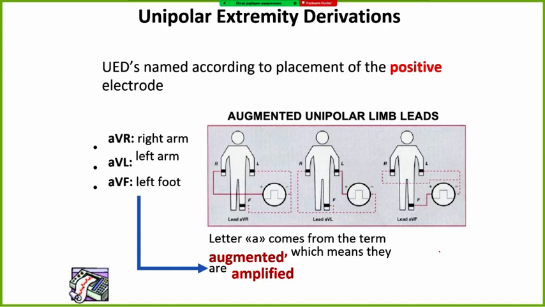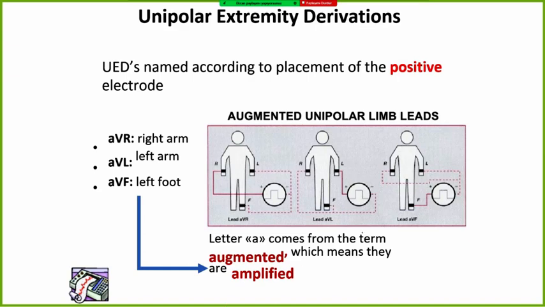And there are also unipolar extremity derivations. Unipolar extremity derivations are named according to the placement of the positive electrode.